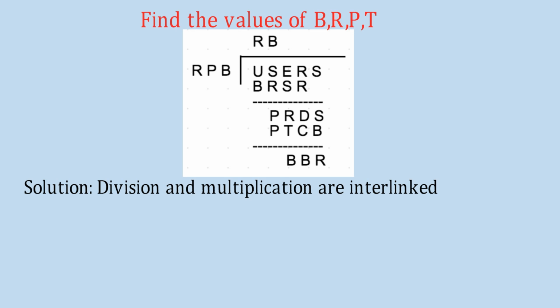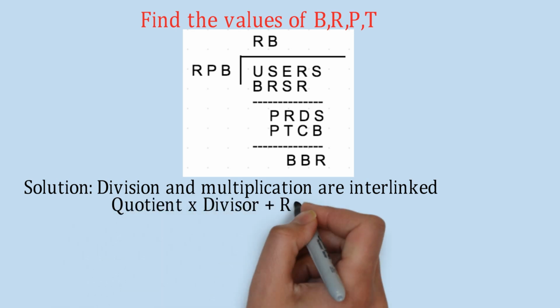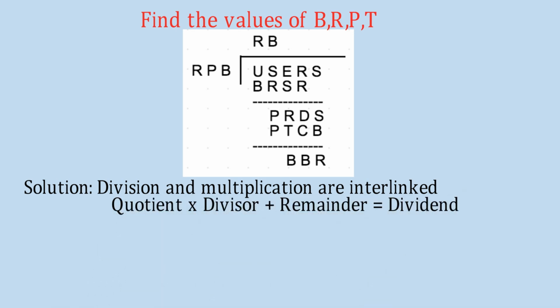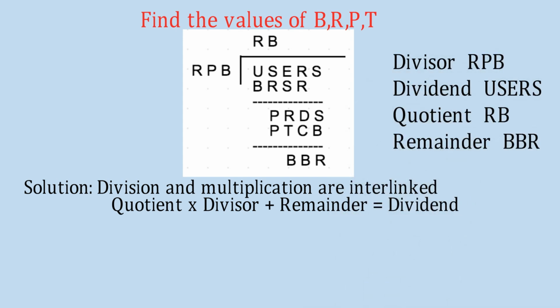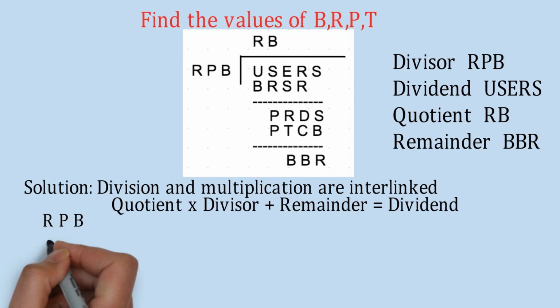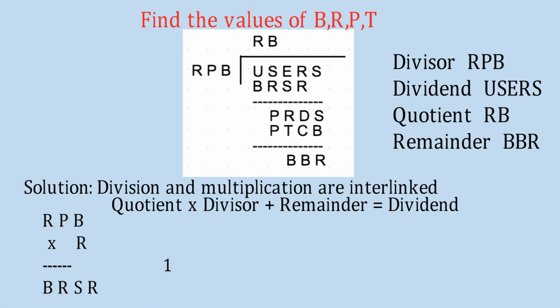Quotient into divisor plus remainder gives the dividend, as we know. Dividend is USERS here, the divisor is RPB, the quotient is RB and the remainder is BBR. Now, let's look at the first step of division. We need to find the values of B, R, P and T, and we have seen the rules for multiplication.